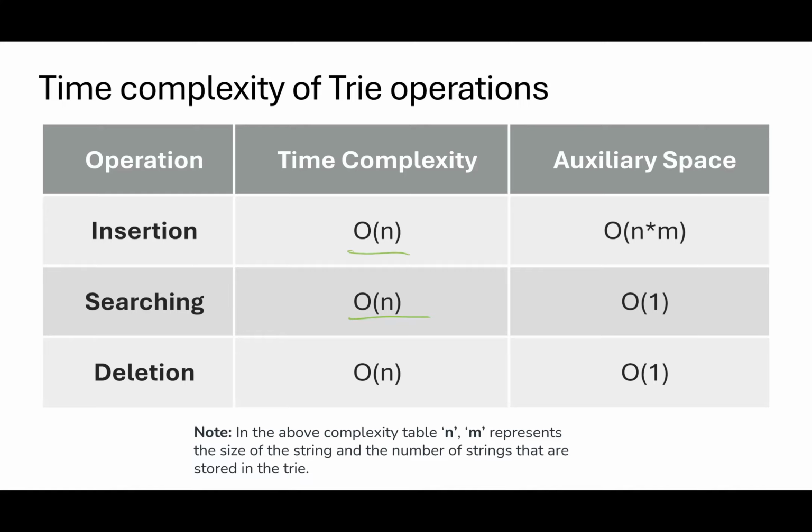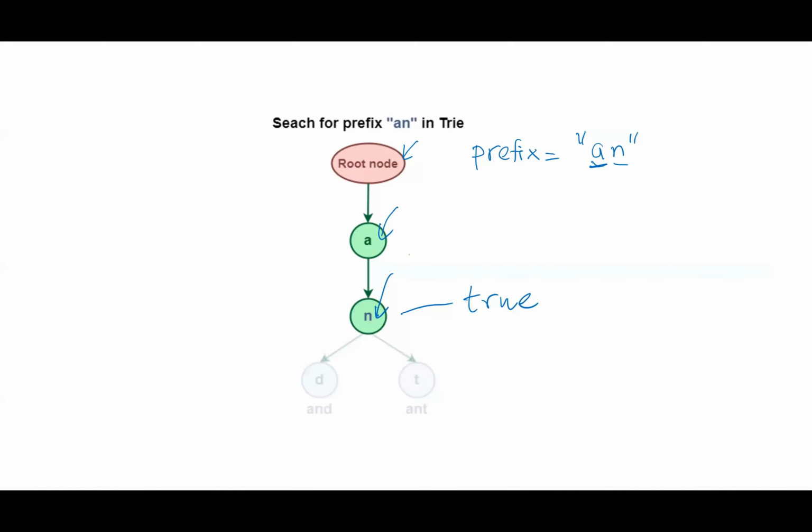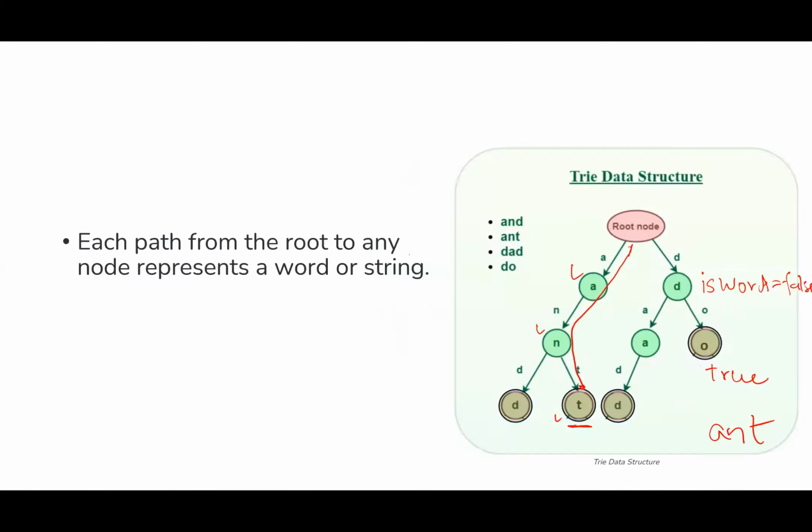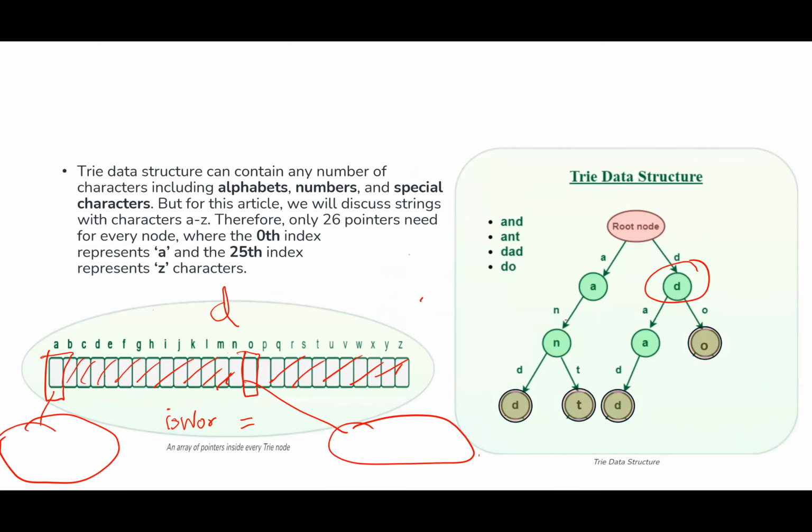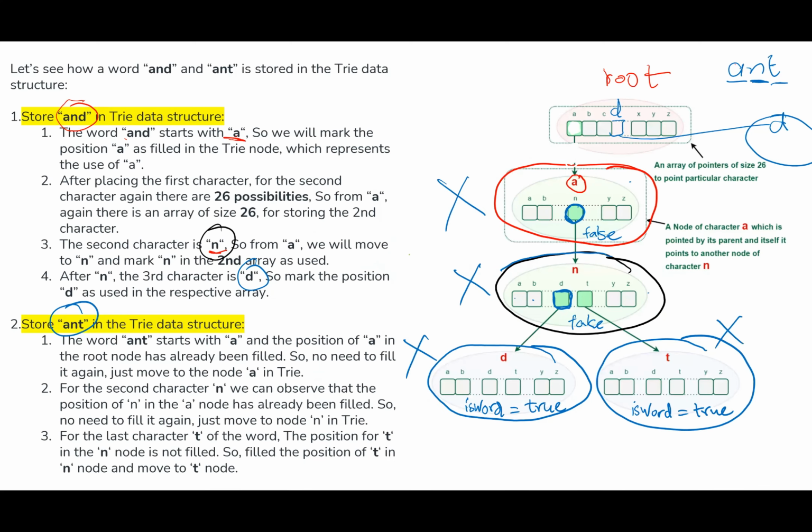Similarly, for insertion, when you are actually inserting into the trie, we are doing the same thing. When we are inserting ant, we go here and check if there is already a child for A. If there is not, I create one. If there is one, I just go to the child. That's it. Next I check for n, and next I look for t.